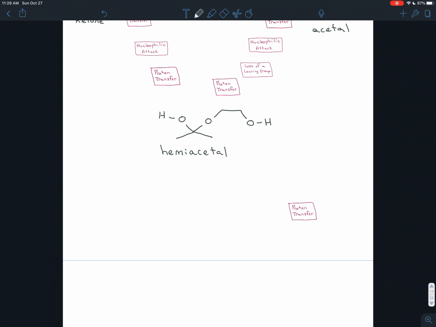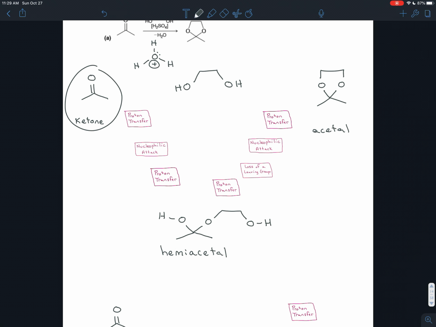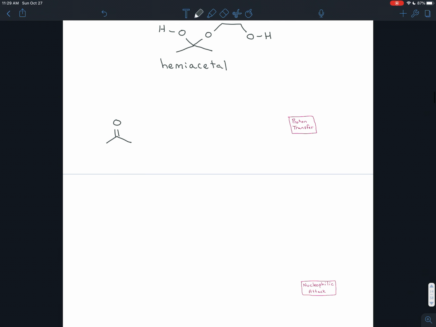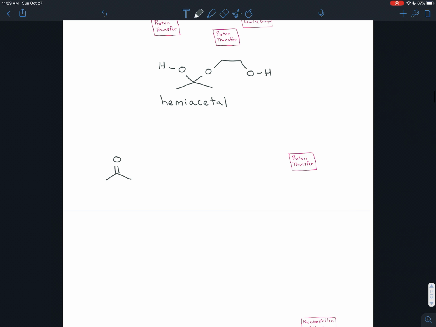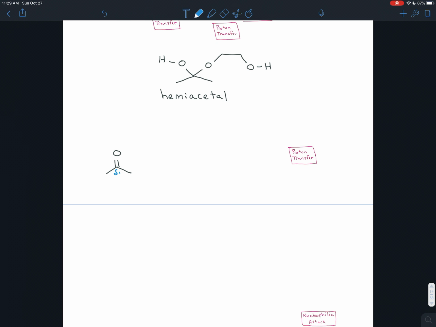We have acetone. Interestingly, you could very easily do this reaction at your house. Acetone you can buy at a beauty supply store, and this molecule is ethylene glycol, which is car antifreeze. So you have this. We're going to turn this into the carbonyl carbon here, and it's a good electrophile. It's double bonded to an oxygen, so it's losing a lot of electrons that way.